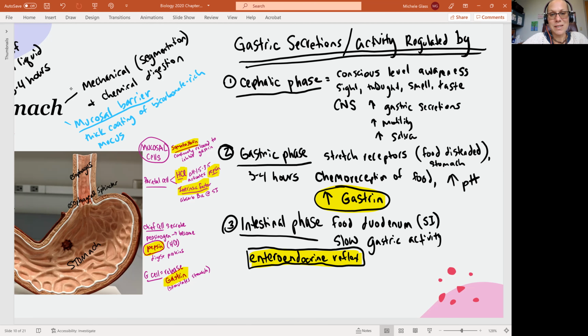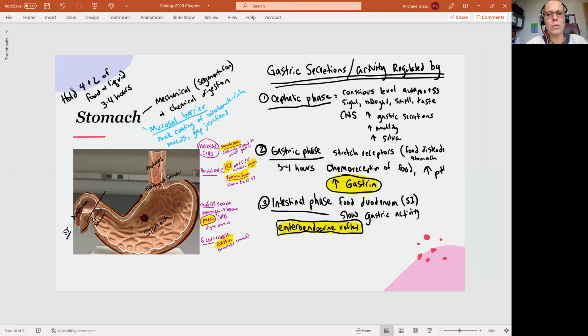And then we also are going to have gap junctions between these cells to prevent leakage so that we're not getting this hydrochloric acid deeper into the tissue. So the reason the stomach is okay at this super low pH is because of these special adaptations that this tissue has.